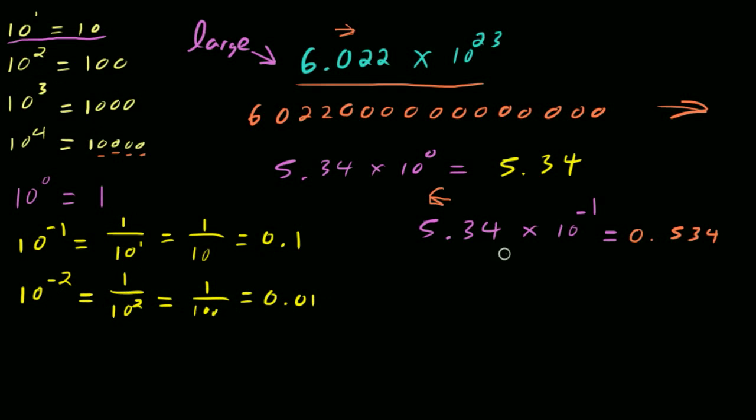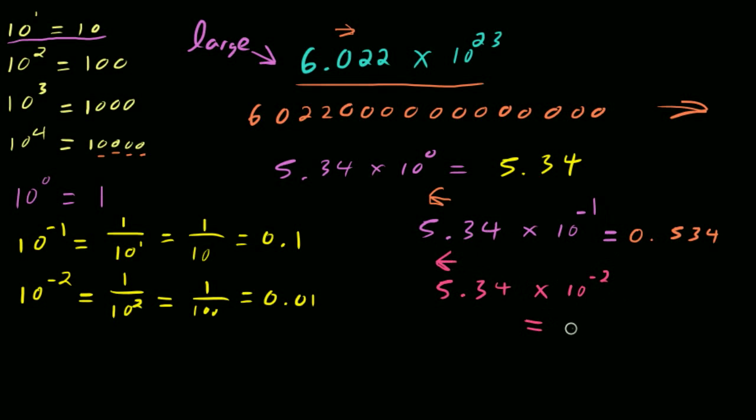So one more time, if we took this example of 5.34 times 10 to the minus 2, what would this look like if we just wrote it without our scientific notation? Well, again, we're just moving our decimal place to the left, and we're moving it 2 spaces to the left.